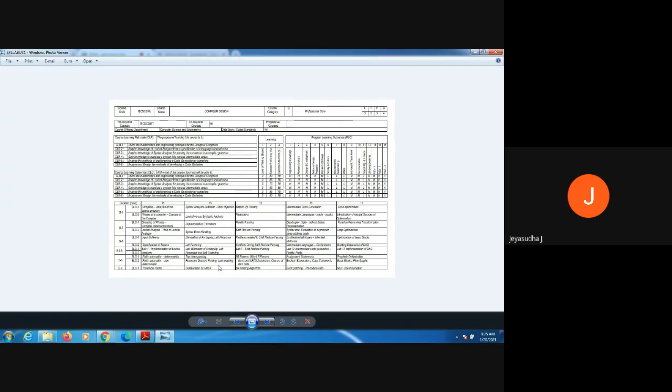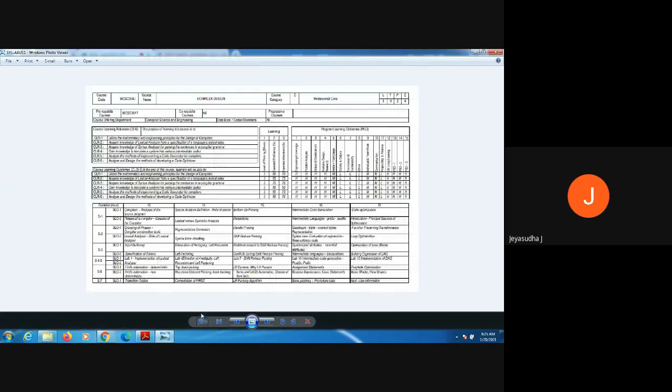You can see here it is top down parsing, and on the next page you will have bottom up parsing. So in the second unit there are two options: either you will get a problem in top down parsing, or a problem in bottom up parsing. Only these two things will happen.